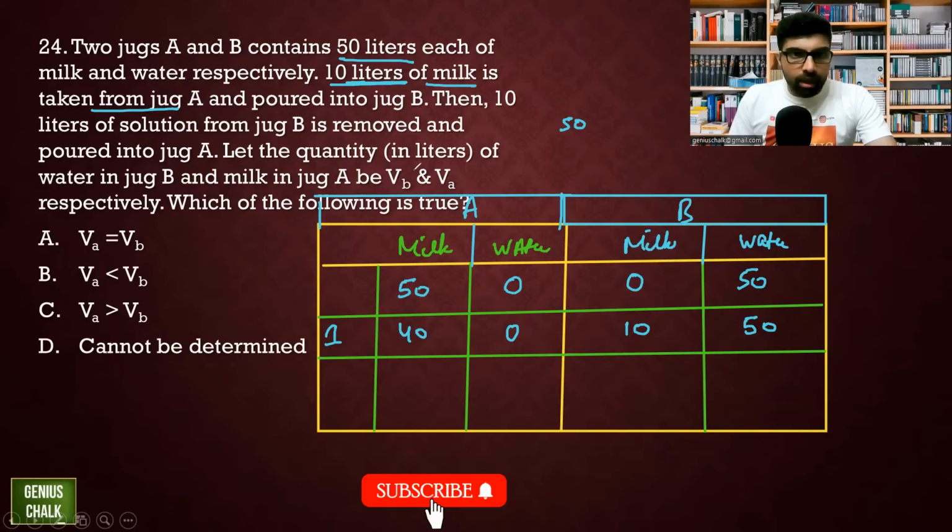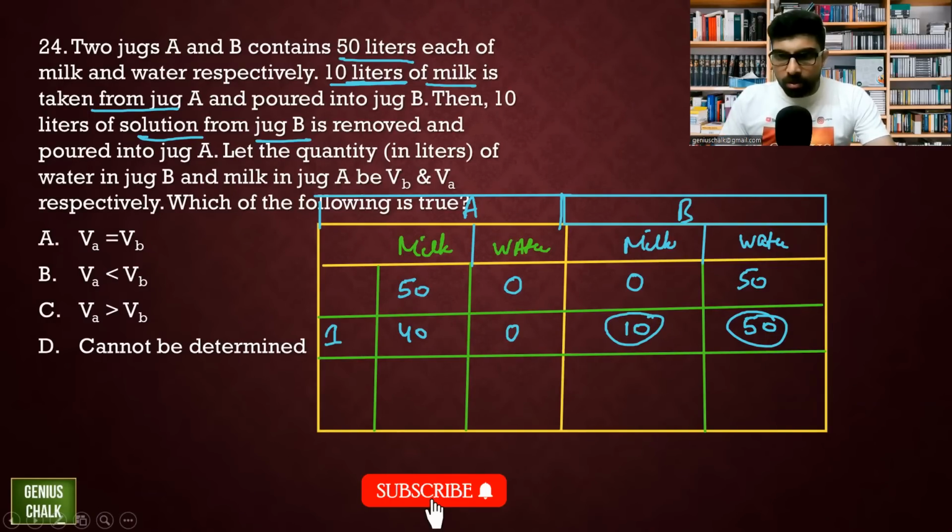Now 10 liters of solution from jug B. Now you can see this mixture, this vessel B has a solution now, which is milk as well as water. So you know that from a solution, when we take out something or transfer something or add something, that will be a mixture, and that will be added in the same ratio as the mixture.